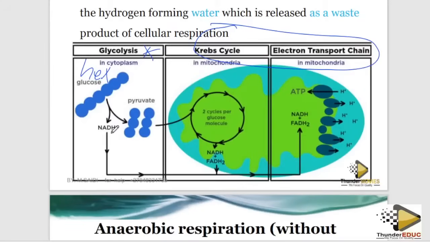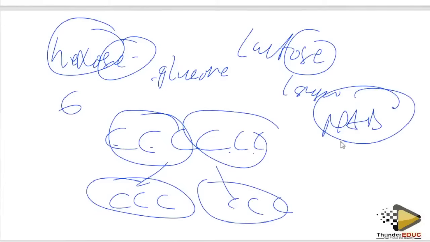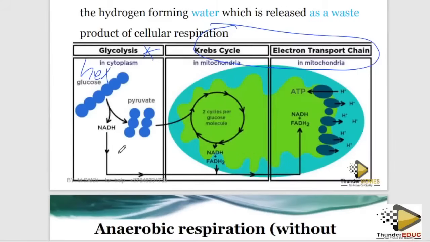During this process, hydrogen is being produced, and this hydrogen is going to be captured by NAD, so it's going to become NADH. Don't forget that for respiration it's called NADH, while for photosynthesis it's called NADPH. Please don't confuse the two. So now the NADH is energized, the molecule which enters the chain.